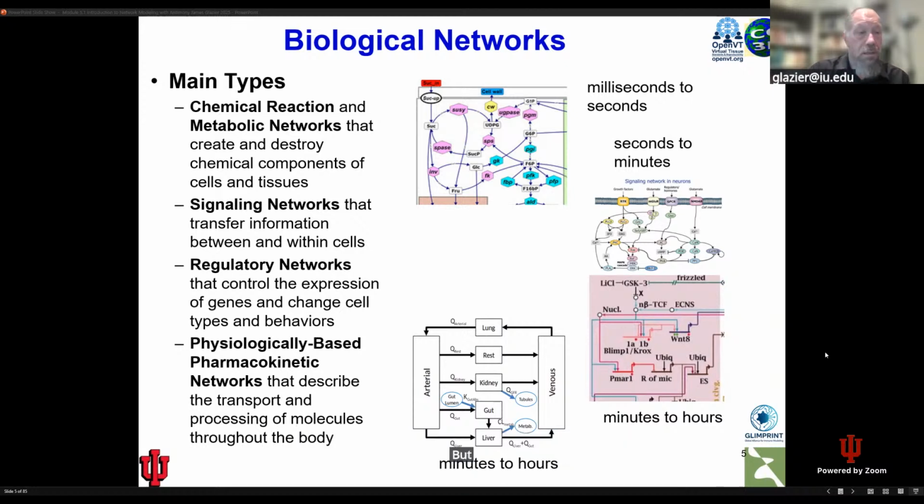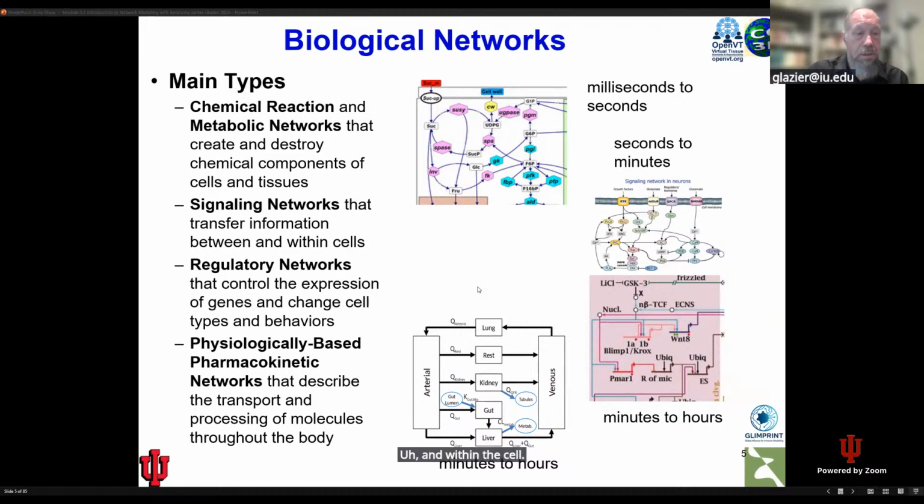But there are many kinds of networks that we run into in biology. Chemical reaction and metabolic networks, the actual chemical transformations that create energy in the cell, that create the components of the cell. Signaling networks that relay information from the outside of the cell to the inside and back and within the cell.